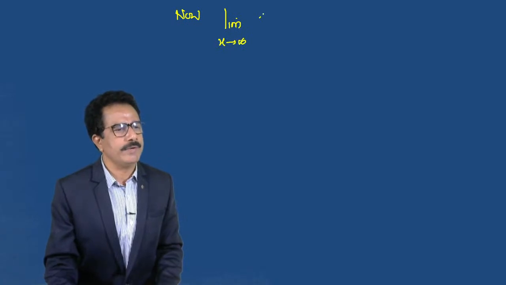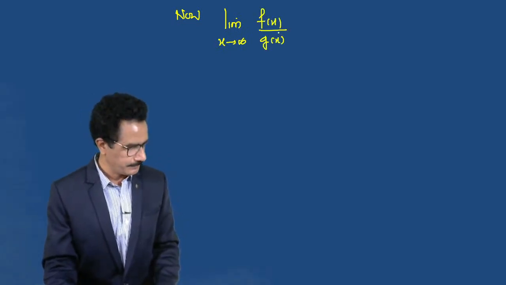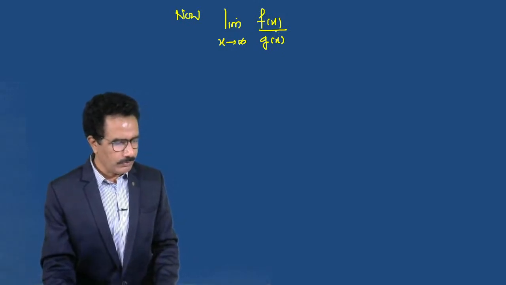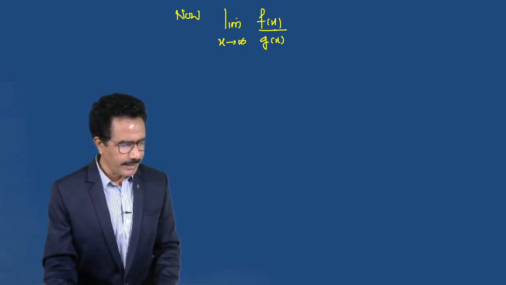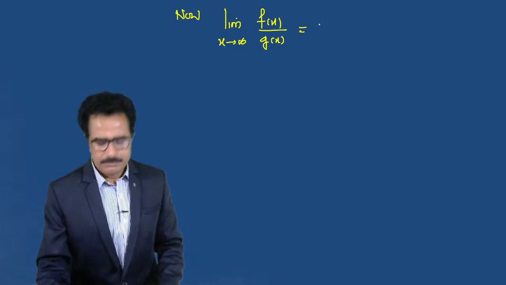Now limit x tends to infinity f of x divided by g of x. Now we have to consider the limit f of x divided by g of x.